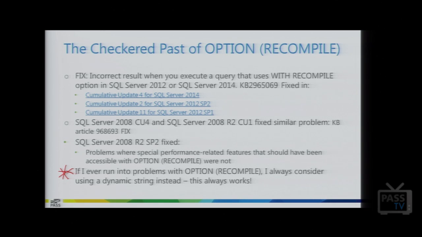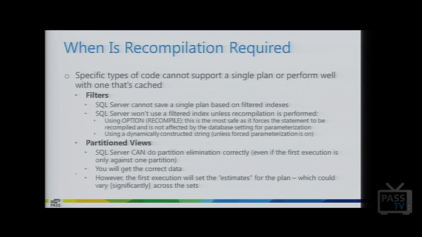So anyway, let me move on to one other weird thing. Option recompile or a dynamic string is actually required for a couple of features. A lot of you might not know this, but if any of you use filtered indexes, or partition views, it's on my slide.